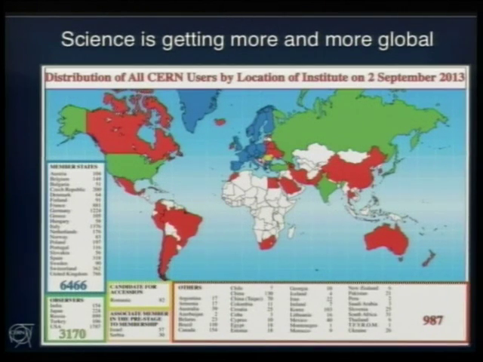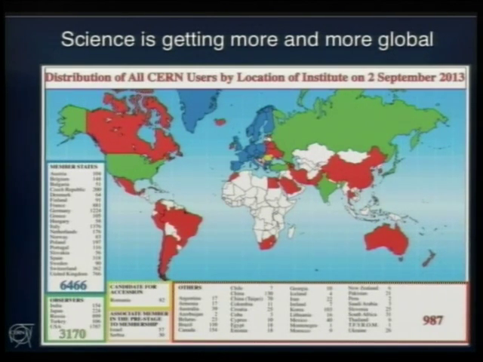Good. And this is the participation. So you can see the full map of the world. Except the white countries, which you can understand are mainly for economic reasons, all the others are participating in CERN, in the ALICE-LHC. The blue countries are the owners, let's say, the member states of CERN.